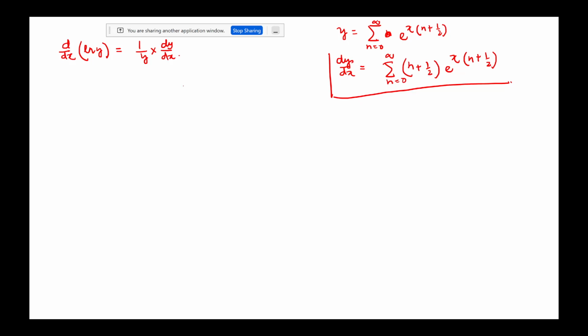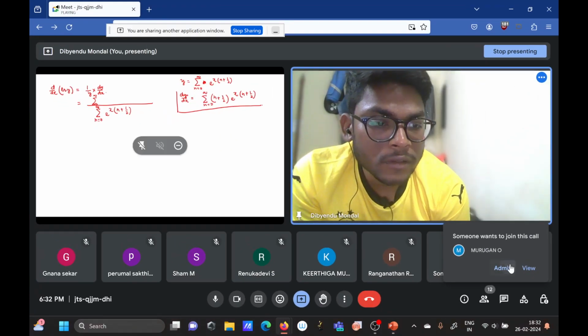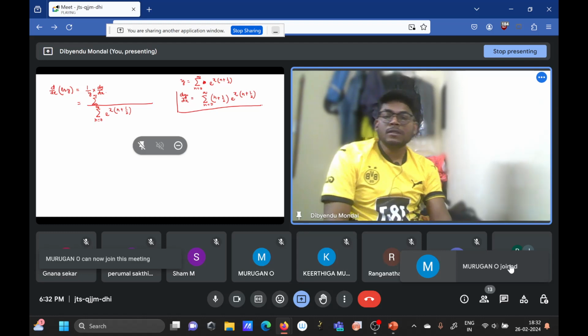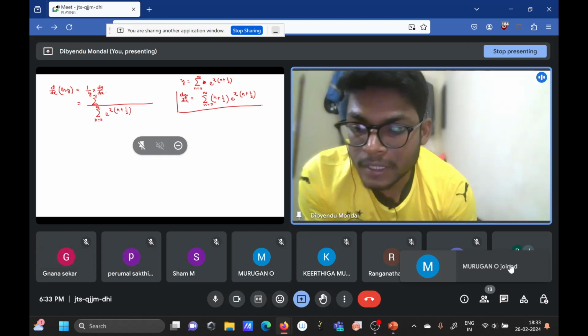Now if you see this, then you can write the whole thing as y. What is y? Y was this: the sum over n equals 0 to infinity of e to the power x times (n plus half), and in the numerator this (n plus half) times e to the power x times (n plus half) will come, right?